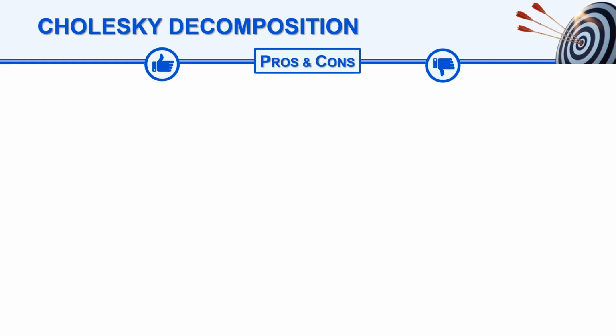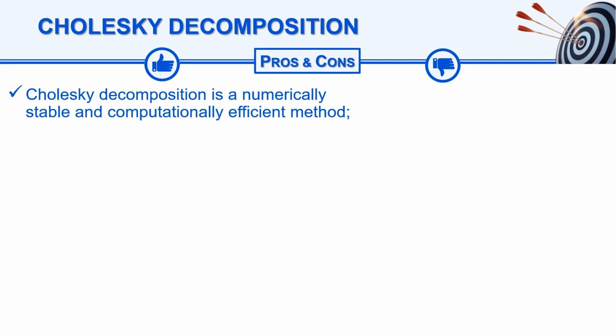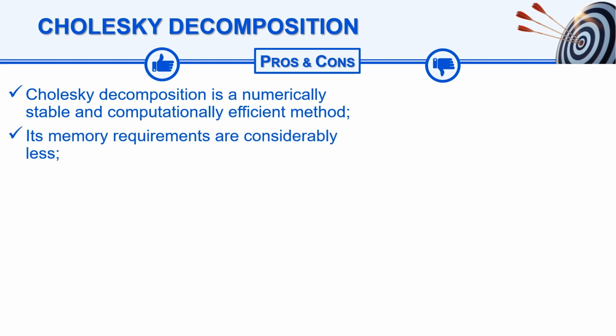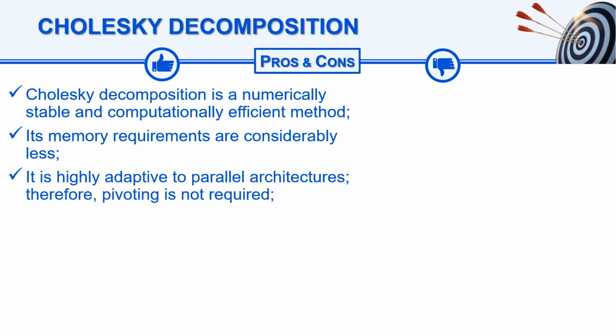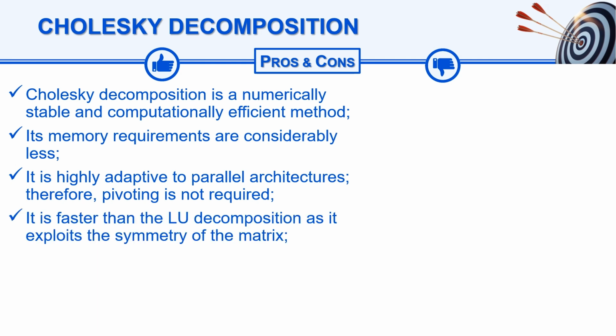The advantages of the Cholesky decomposition in this context are: Cholesky decomposition is a numerically stable and computationally efficient method. Its memory requirements are considerably less. It is highly adaptive to parallel architectures. Therefore, pivoting is not required. It is faster than the LU decomposition as it exploits the symmetry of the matrix.